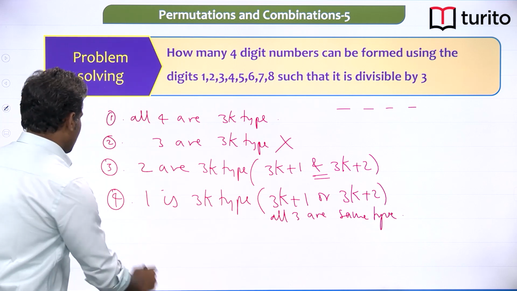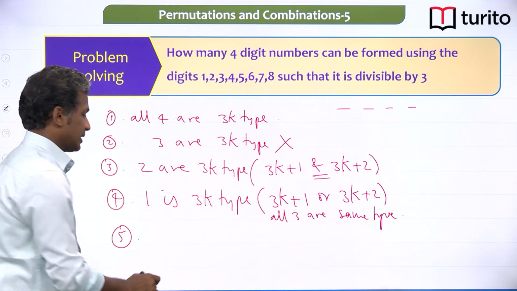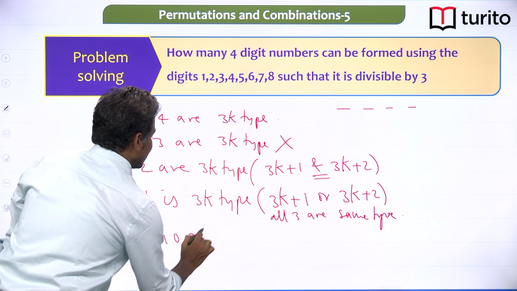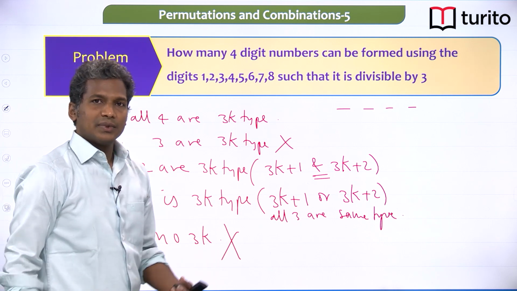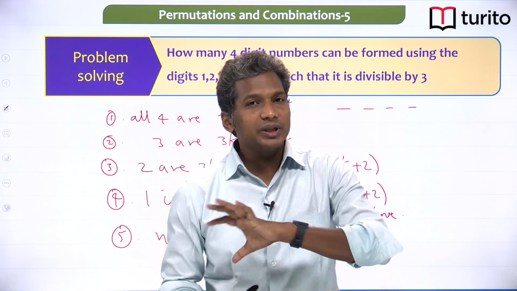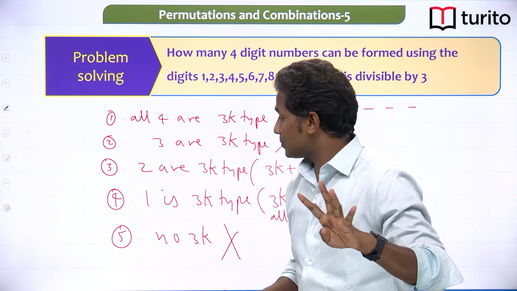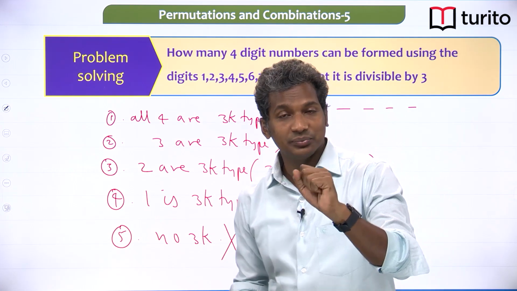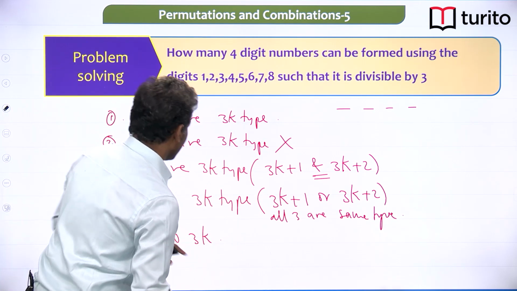Okay. Now, let us go for the other case, which is no digit is 3k type. Of course, this is also rejected, because if you take no 3k type and add 4 digits, okay, no, there is a possibility, yes, there is a possibility. So then there is a case here.